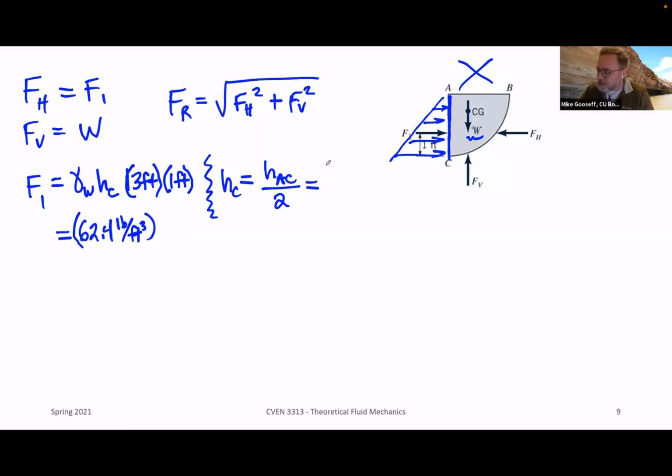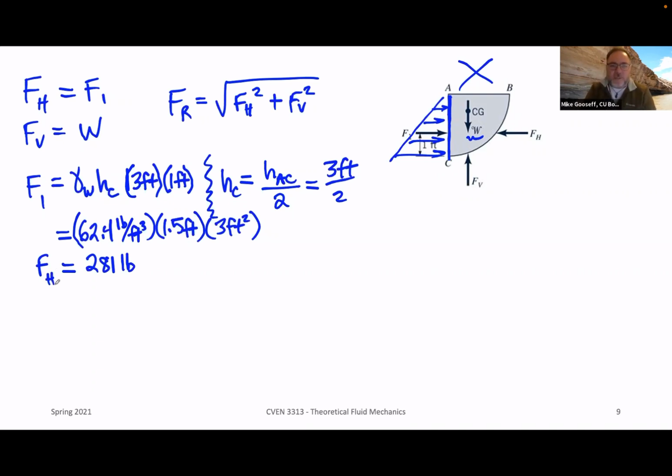We said that this length is 3 feet divided by 2, so this ends up being 1.5 feet for H sub C. And then we multiply by the area, 3 feet by 1 foot, 3 square feet. Having done that math, when we work this out, we get 281 pounds of force for F1. We said F1 is equal to FH.